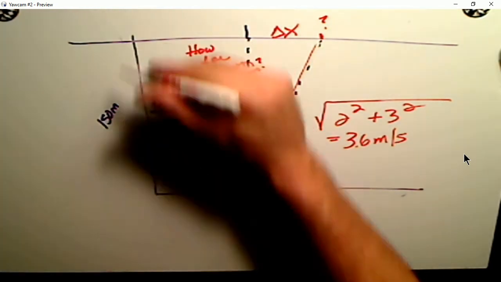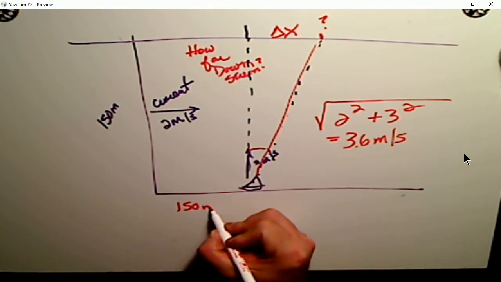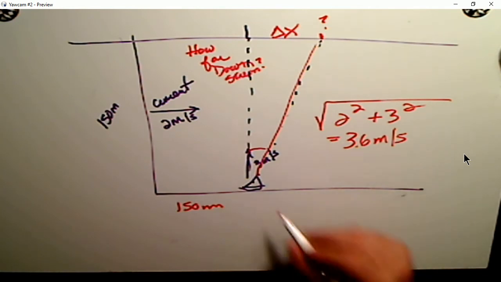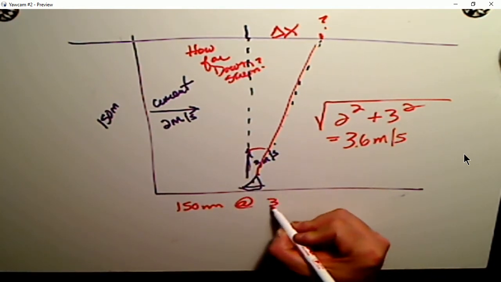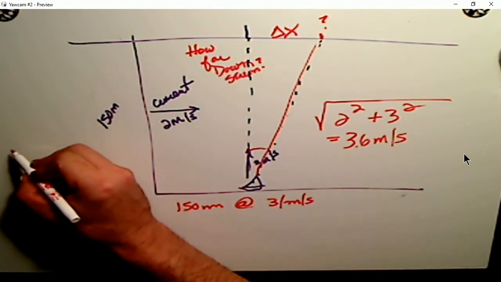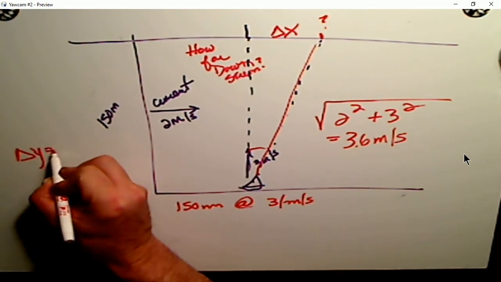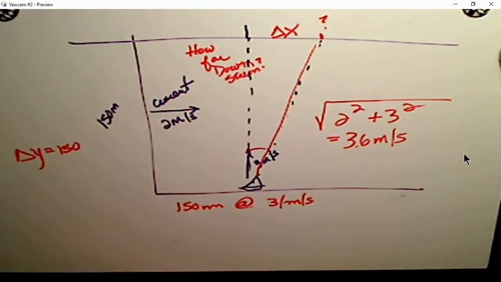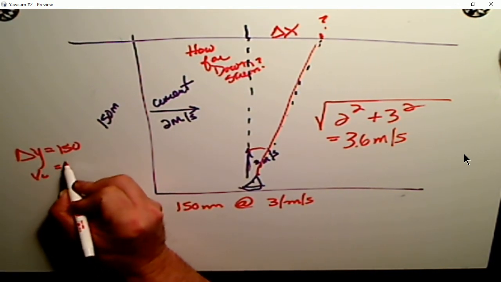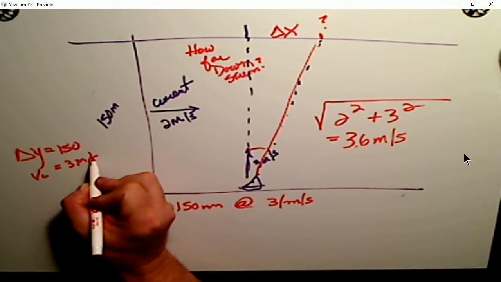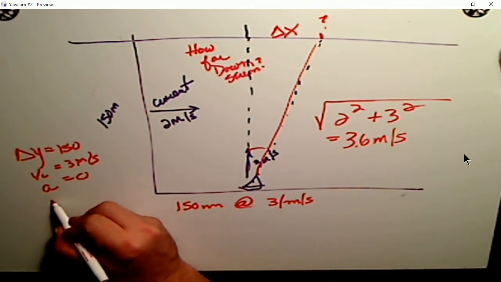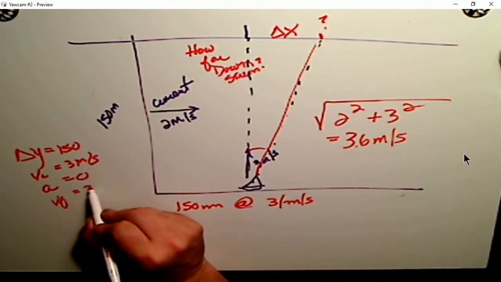Because I first see I'm going 150 meters, and I'm doing that at 3 meters per second. We can write that down. Change in y is equal to 150. Initial velocity, 3 meters per second. There is no acceleration, so the final velocity is going to be 3 meters per second.